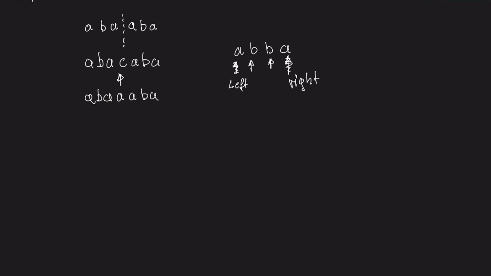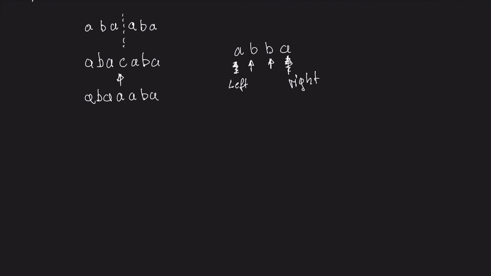We do this as long as left is less than right. If this condition becomes false and all the letters we processed were the same, that means the string is a palindrome. Otherwise, we would have exited that loop with the value of false, which would mean that the string is not a palindrome. And that's what we need to know before we start solving the problem.